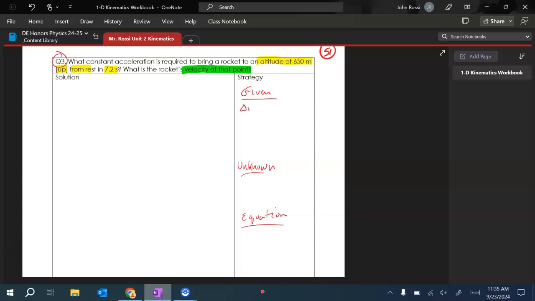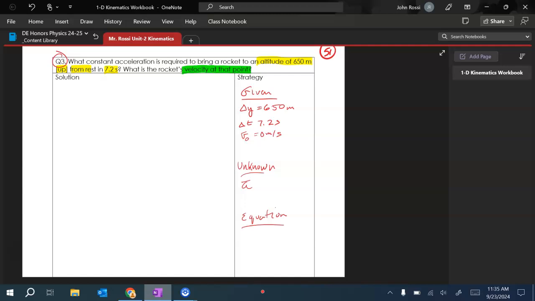So displacement in the y is 650 meters. That's going up, so it's positive. The time was 7.2 seconds. And the implied velocity, that's initial, is 0 meters per second. Okay, those are my three sort of givens, and I need one unknown, so I got 4 variables total.